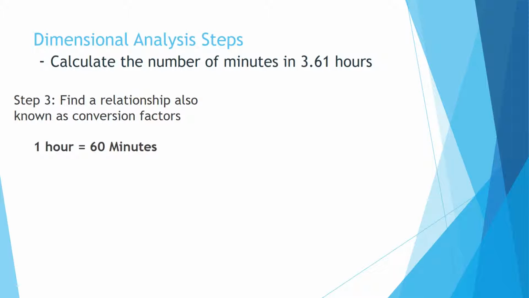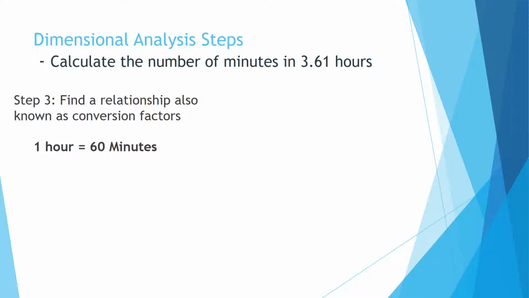Now, right now, we have a direct relationship. We know that 1 hour is equal to 60 minutes. Now, later in this section, we're going to see that it's not going to be that simple all the time. Sometimes we're going to need 1, 2, 3, 5 different conversion factors to get from point A to point B. And that's okay, as long as we're following this T-chart method and we're finding the relationships that get us there.